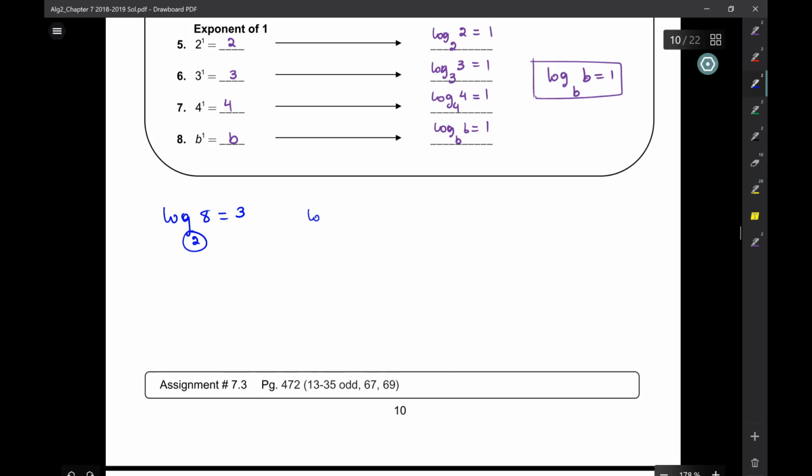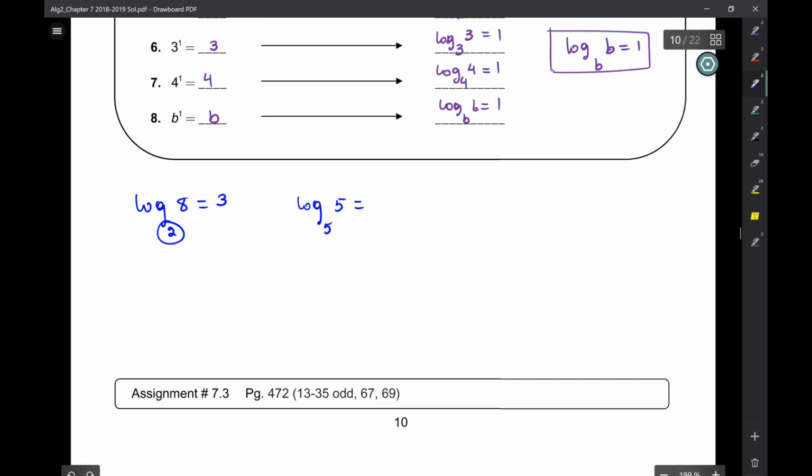Okay, so what if you had log base 5 of 5? It would equal 1. What's the exponent of 5 to get you a 5? 1. Log base 29 of 1. What should the power of 29 be in order for you to get a 1? 0.